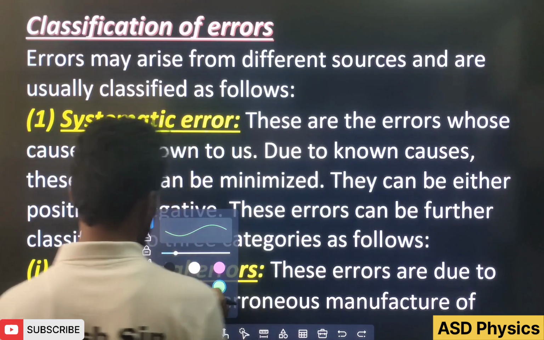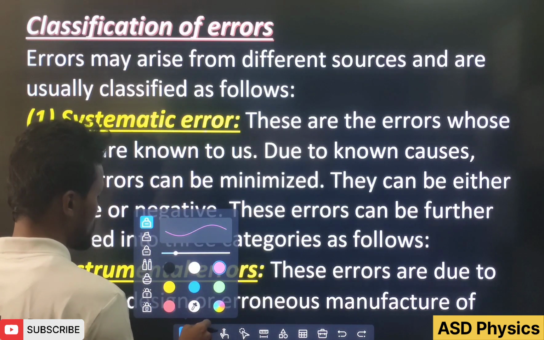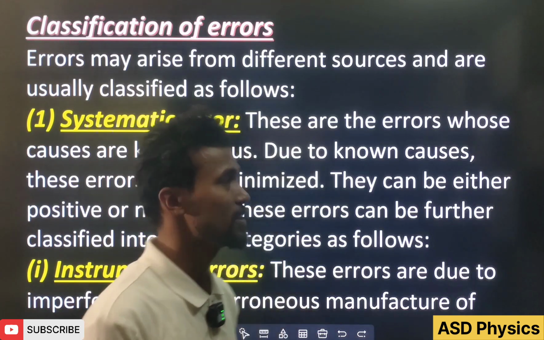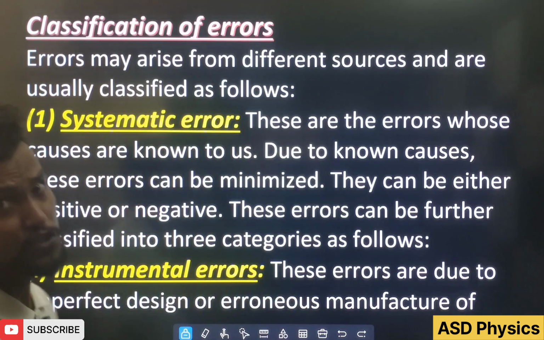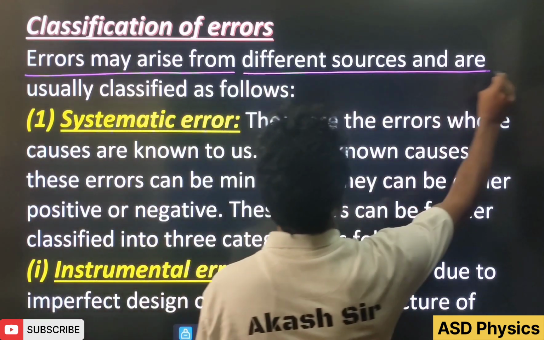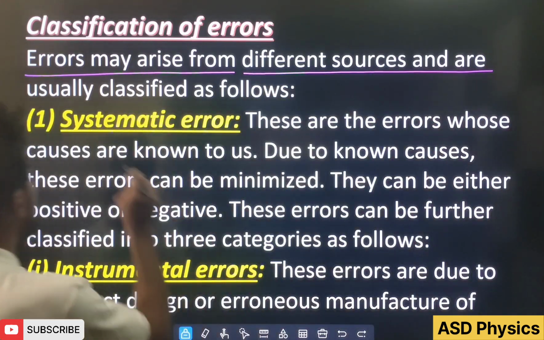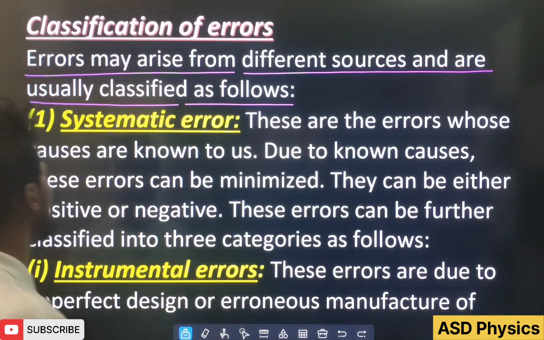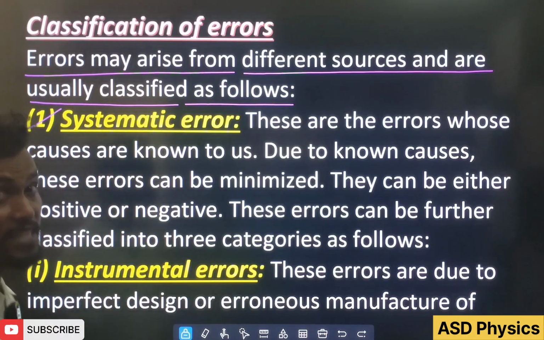Now we are going to see the classification of errors. Sometimes they may ask in MCQ, AR and theoretically also. Errors may arise from different sources and are usually classified as follows. First one we are going to see is systematic error.